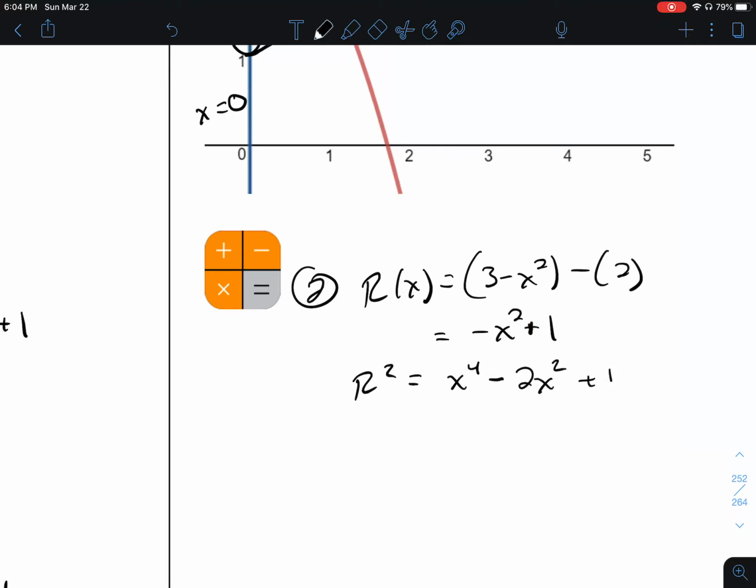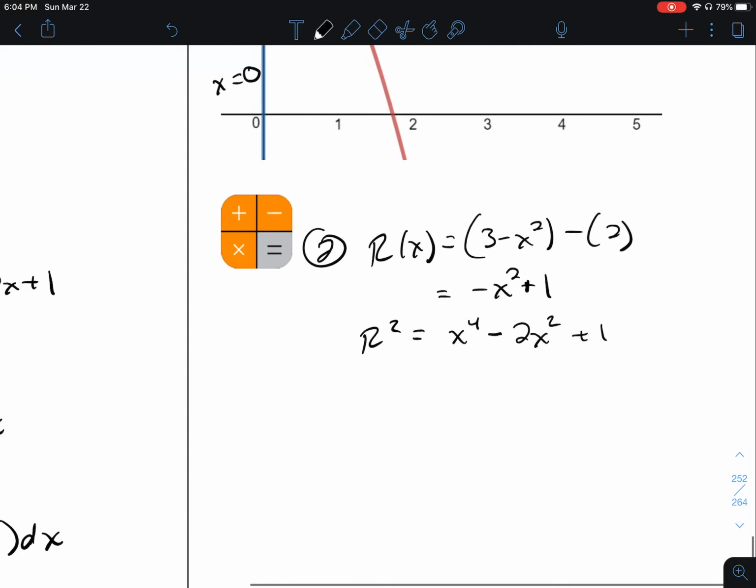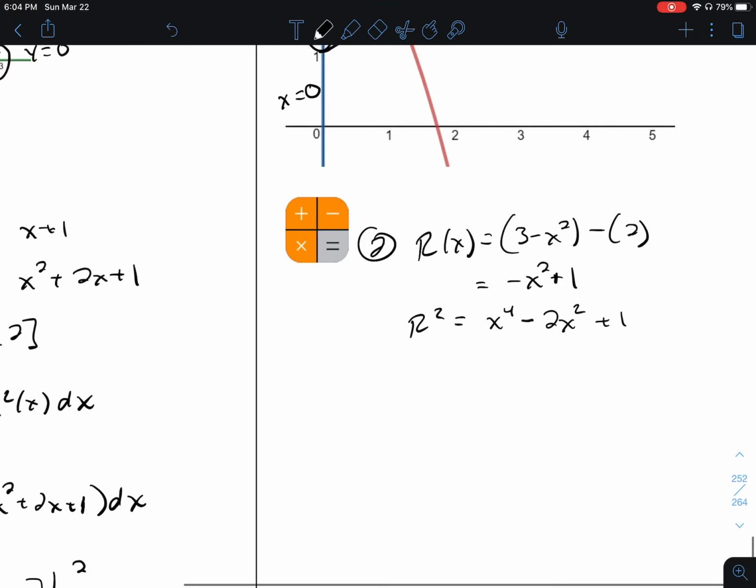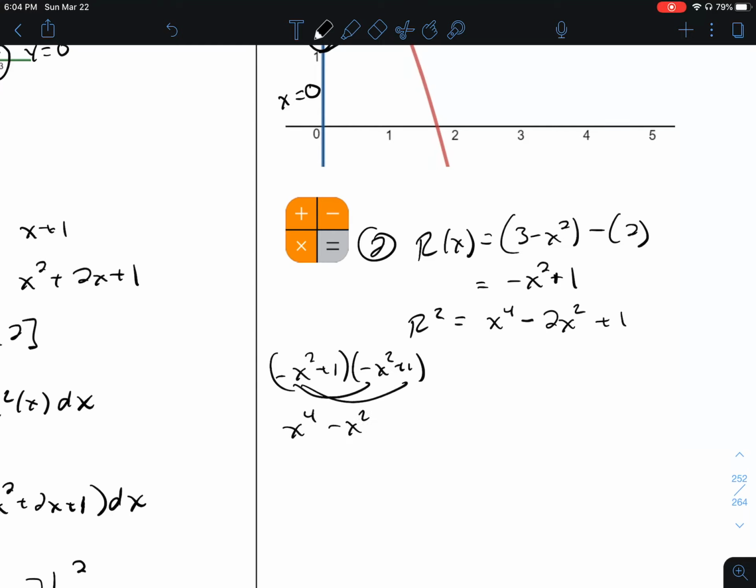It's going to make this a plus 1. If you need to see the work for squaring this, negative x squared plus 1 times negative x squared plus 1. This is going to be a positive x to the fourth, negative x squared, positive 1. You don't have to show that work, but if you needed to see it, there it was.